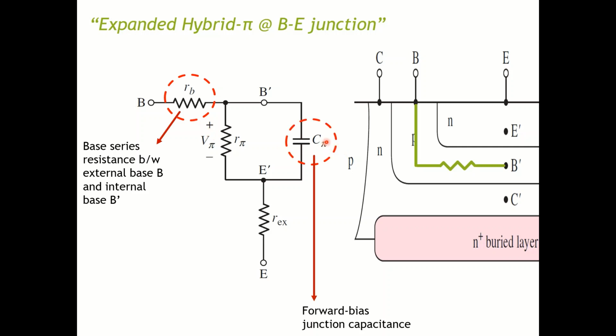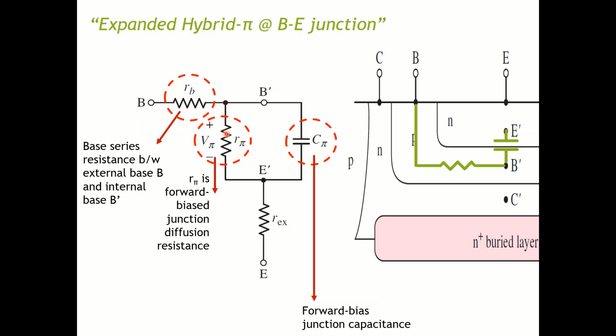Next is the capacitance between the internal regions B prime and E prime. Between here and here there's a junction, right? Therefore, you can examine the capacitance of that junction. You add it in here, and you can note that as C pi. And finally is our good old R pi.